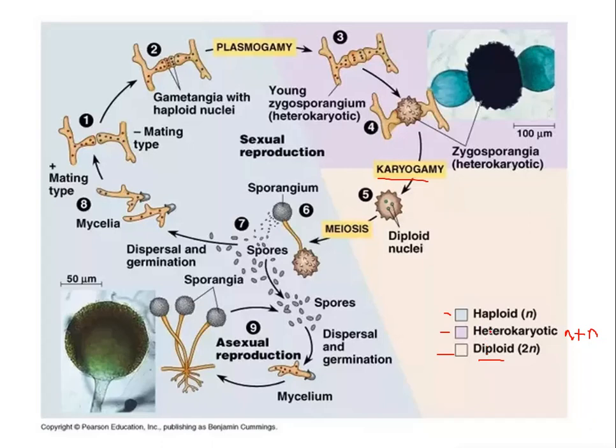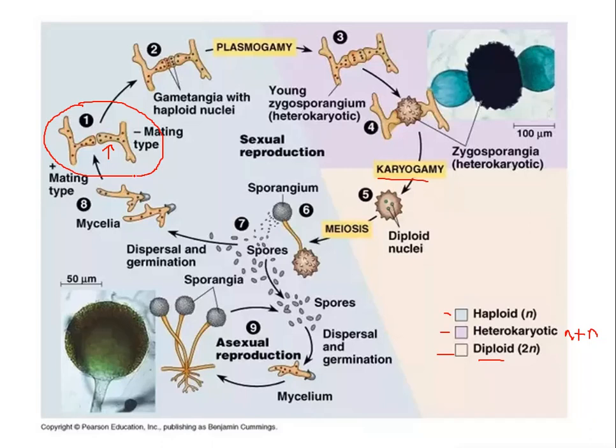Now, what I want you to observe is, please look at the hyphae. Here is the interwoven mat of the hyphae that we call mycelia. Look at the mycelia. Do the fungi in the phylum Mucoromycota have septate hyphae or multinucleated cenocytic hyphae?